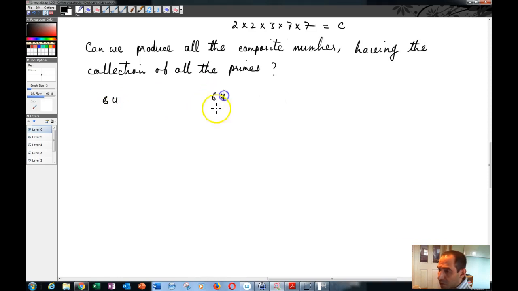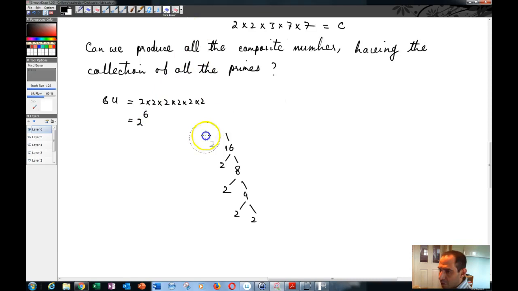If you have 64, it's 2 times 32, and that's 2 times 16, and that's 2 times 8, and that's 2 times 4, and that's 2 times 2. So you can write 64 as 2 times 2 times 2 times 2 times 2 times 2. This is basically 6 factors of 2, which is equal to 2 raised to the power 6. Okay? So that's, for example, one number.